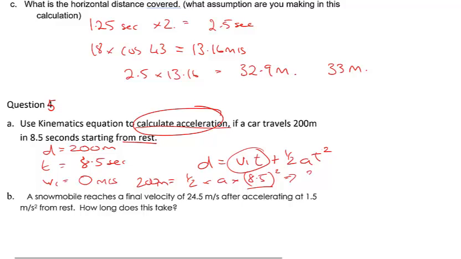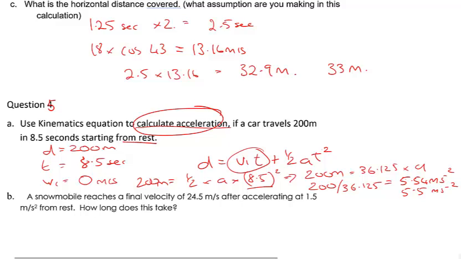So that will give you 200 meters equals 36.125 times A. This squared equals something like 72, and if I divide it in half, I get 36.125. So I have to divide the 200 by 36.125, and that gives me 5.54 meters per second per second. Now, if that was to 2 significant figures, that would just be 5.5.